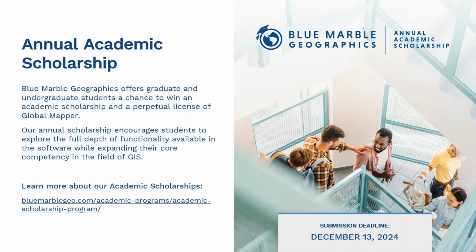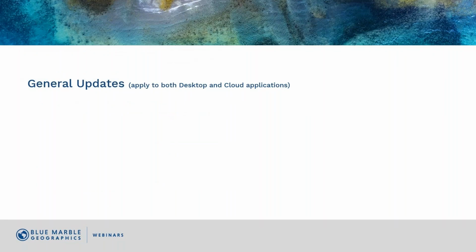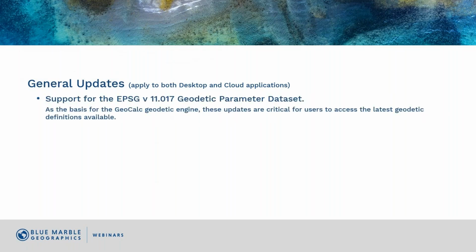Thanks, Sam. So let's look at some general updates for Geographic Calculator. These apply to both the desktop software as well as the cloud application. Two of the key features are support for the latest version of EPSG, 11.017.